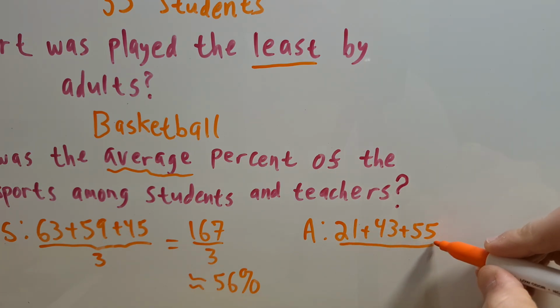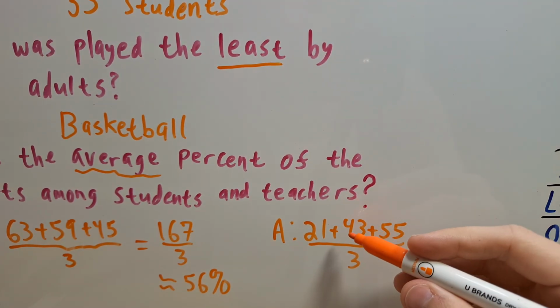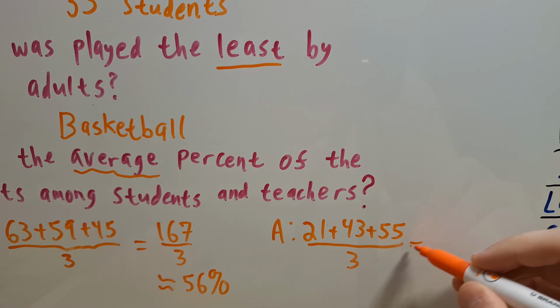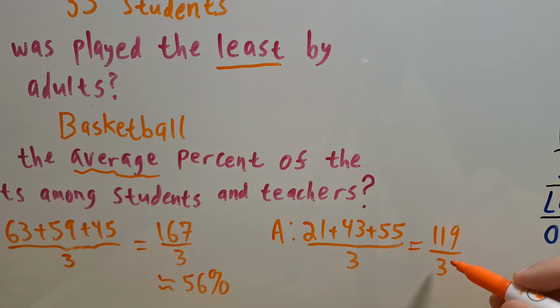And we'll divide this by 3. The sum of your numerator here is 119. And when you divide this number by 3, you will once again get a repeating decimal. Round to the nearest whole percent, and you will get about 40%.